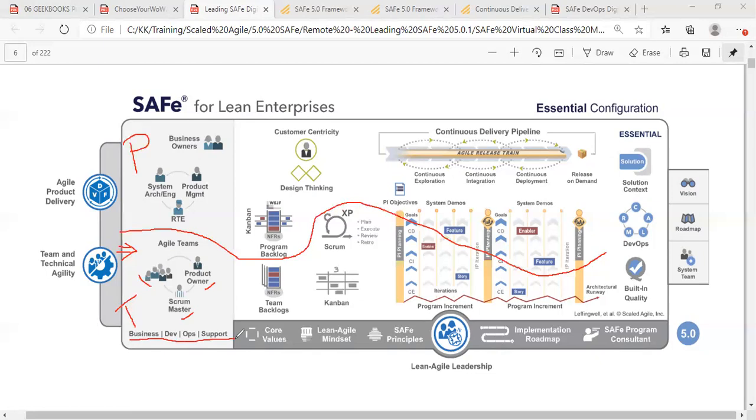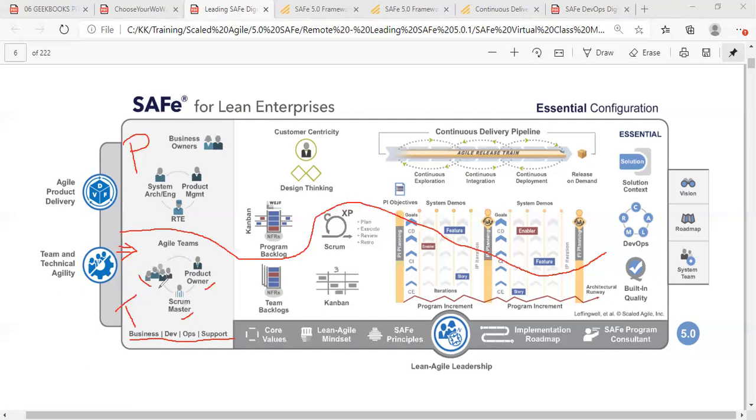Now, keeping that in mind, we have the product owners and the scrum masters. They play a vital role. They play a specialist role in delivering value. Of course, the technical folks do the actual work, but the two specialist roles are product owners and scrum masters.